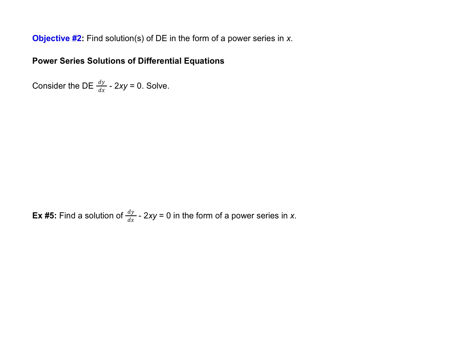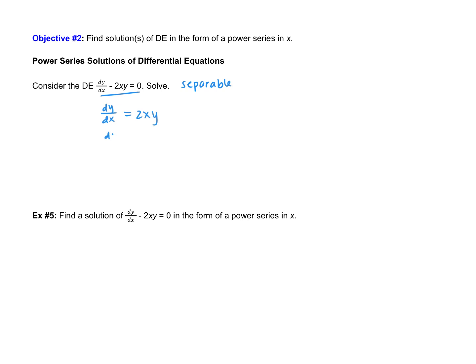Okay, so this is the new stuff. We're going to be looking at power series solutions of differential equations. So let's consider this first differential equation. If we were to solve this, hopefully we would notice right off the bat that the equation is separable. So we have dy dx is equal to 2xy.